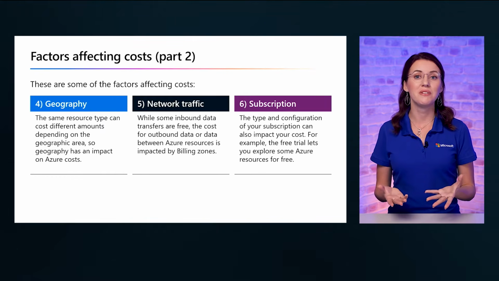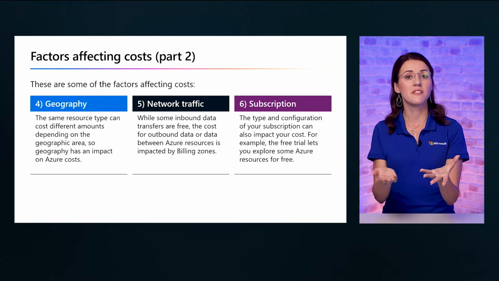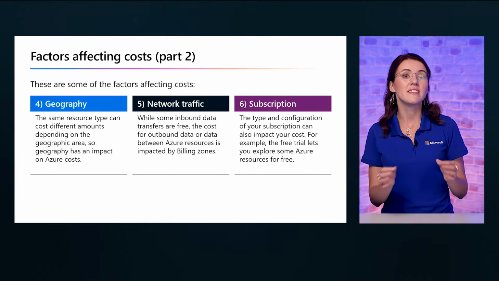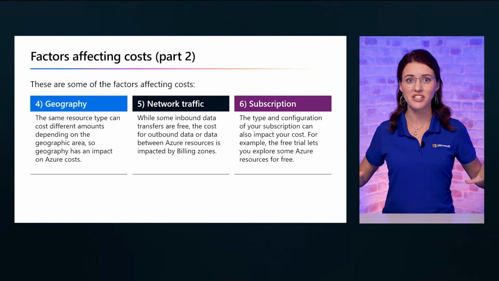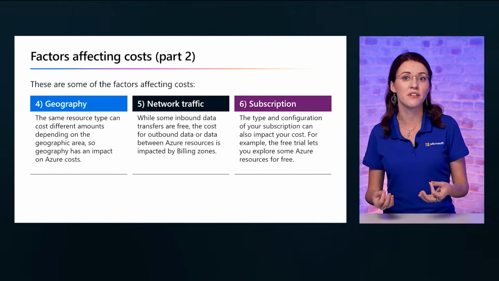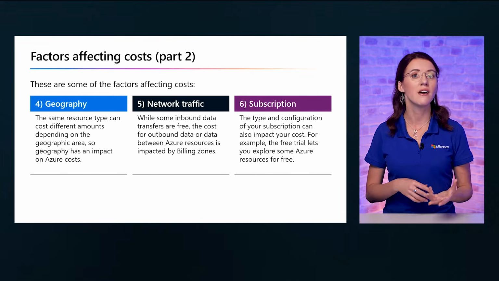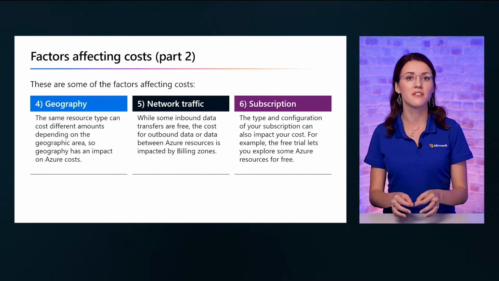Such global deployment results in global price differences. The cost of electricity, labor, taxes, and fees varies depending on the location. Due to such cost variations, the deployment cost of Azure resources may differ depending on the region. Network traffic, our fifth factor, also depends on geographical location.